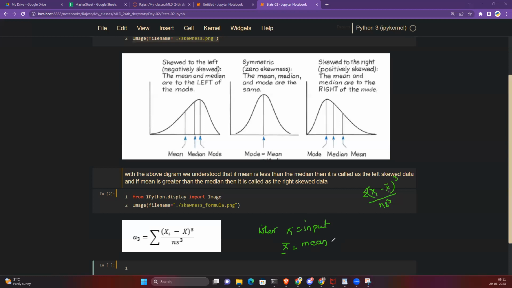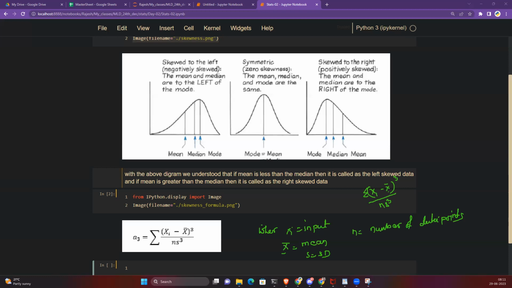S is the standard deviation, and n is the number of data points. So this is called skewness. So how do we calculate the skewness?